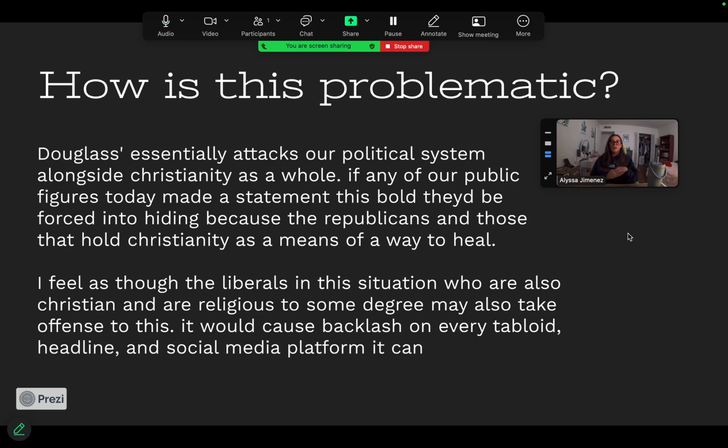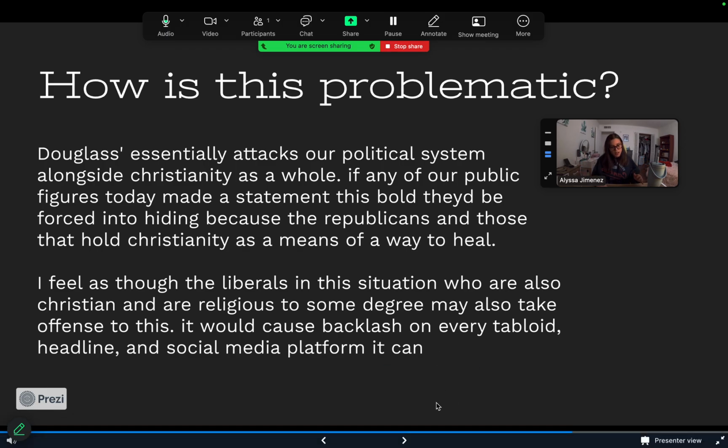I feel as though the liberals in this situation, who are also Christian and are religious to some degree, may also take offense to this. It would cause backlash on every tabloid, headline, and social media platform. You would essentially be canceled in the kind of climate that we're in right now. And I felt as though this quote needed to be in here.